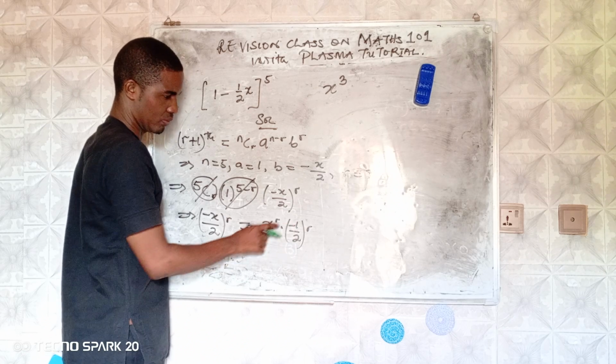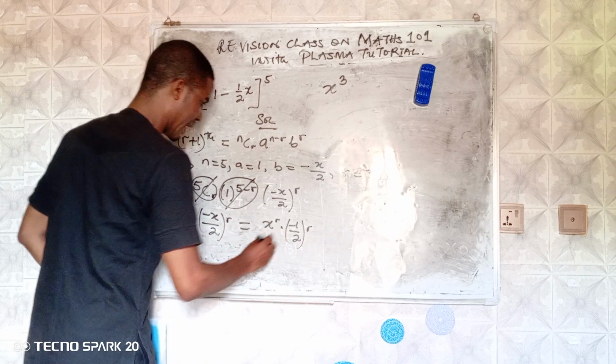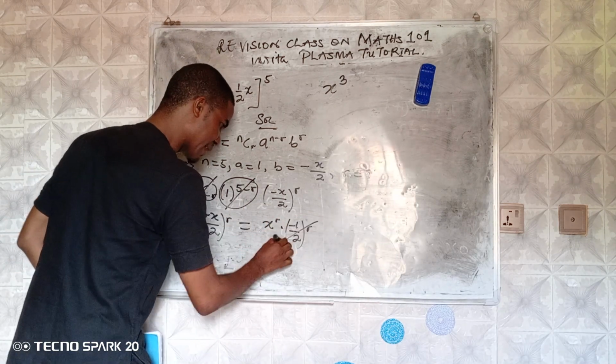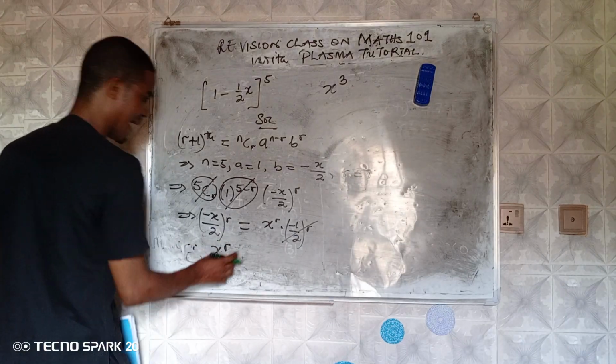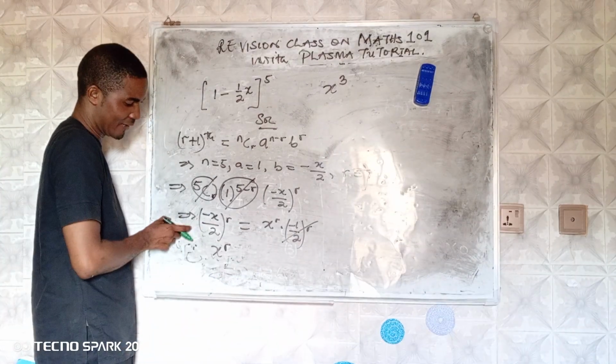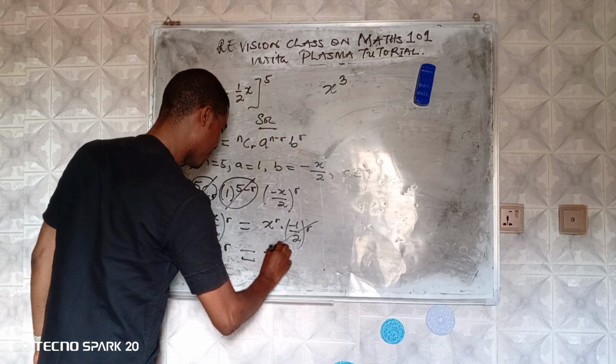So at this point, this one no longer has x. Therefore, I have my x raised to power r as the only factor of x I can get from here. Then I will equate it to what they are asking me, x raised to power 3.